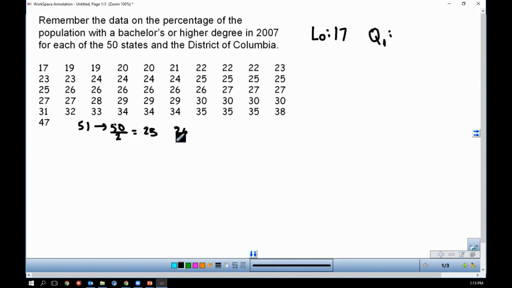That means the 26th point is the one in the middle. So there's 10 per row here. So 10, 20. There's the median. That's our 26th data point.